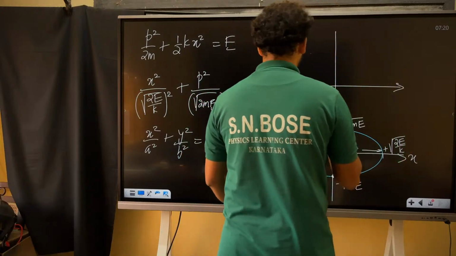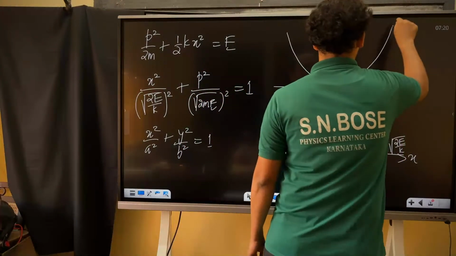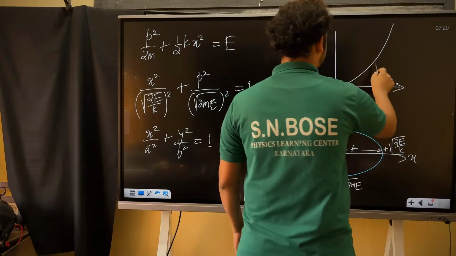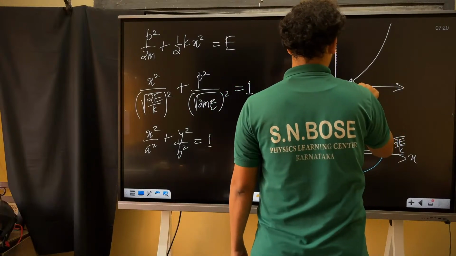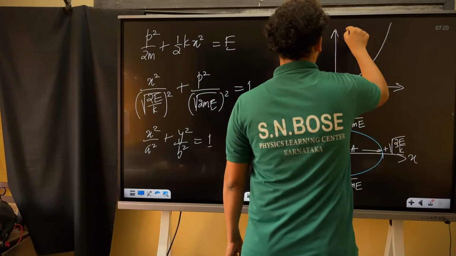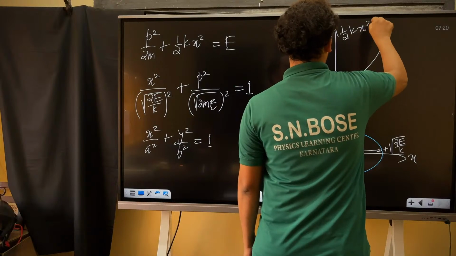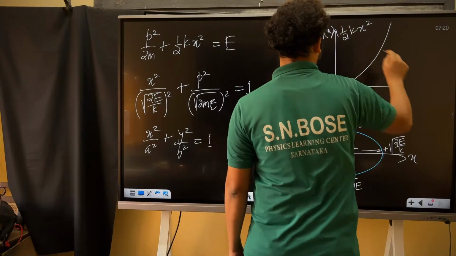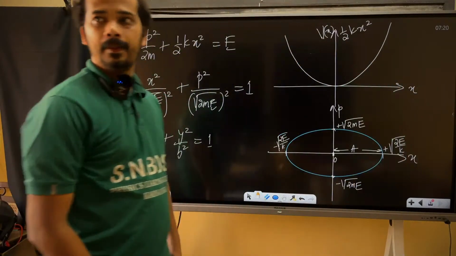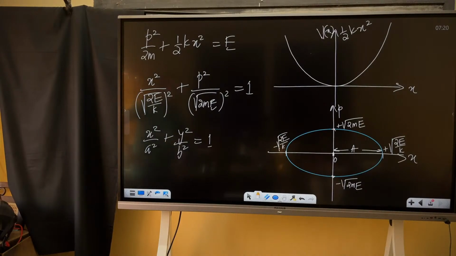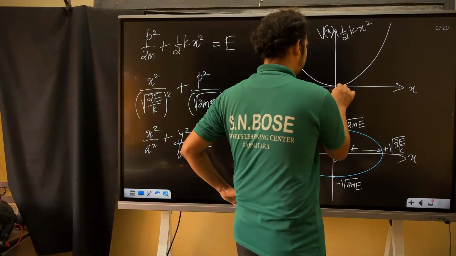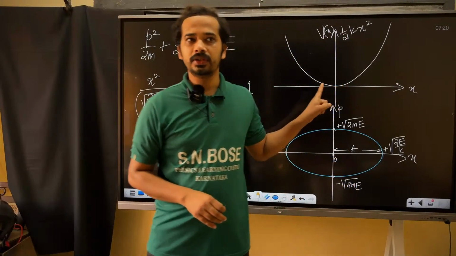I think I may need to draw it quite bigger here. Half kx square, V of x as a function of x. Fine. So then this is your stable equilibrium, right? The potential minimum is a stable equilibrium.